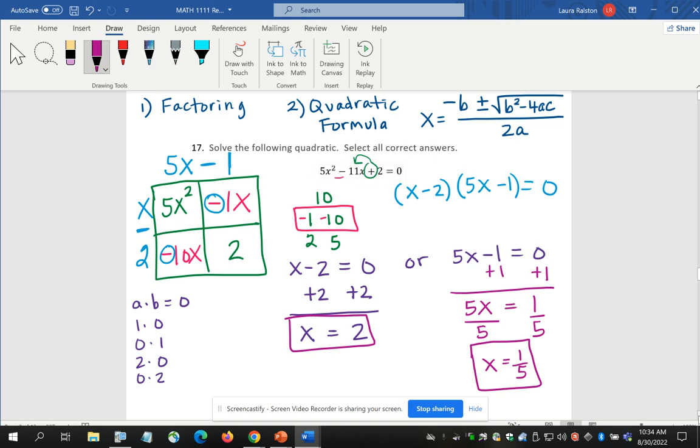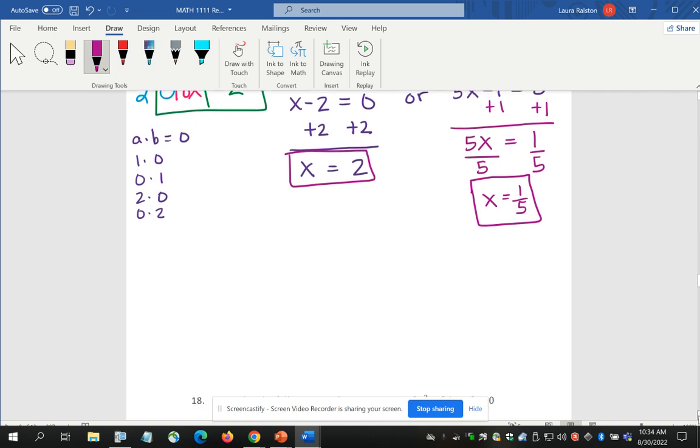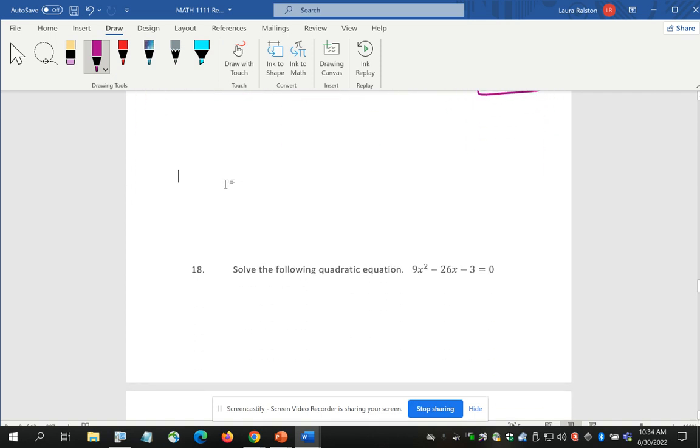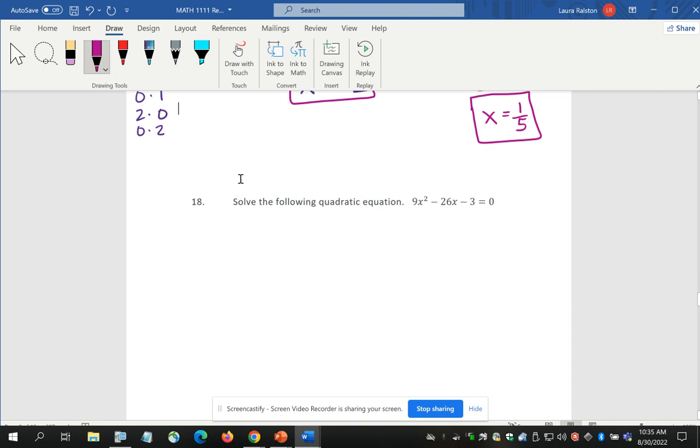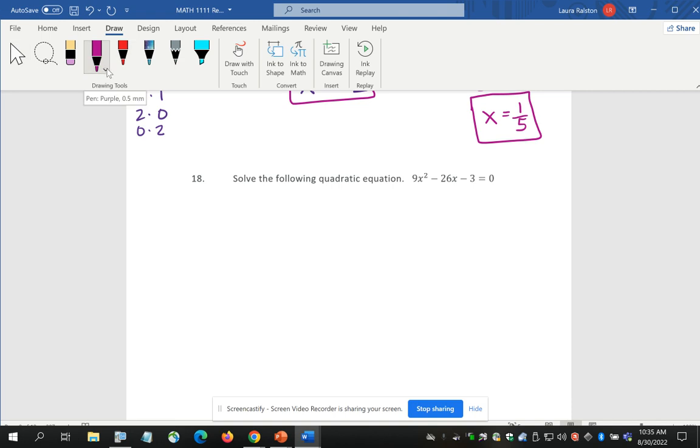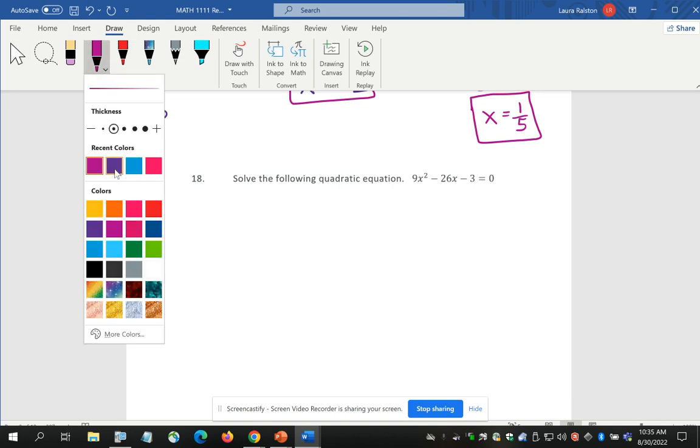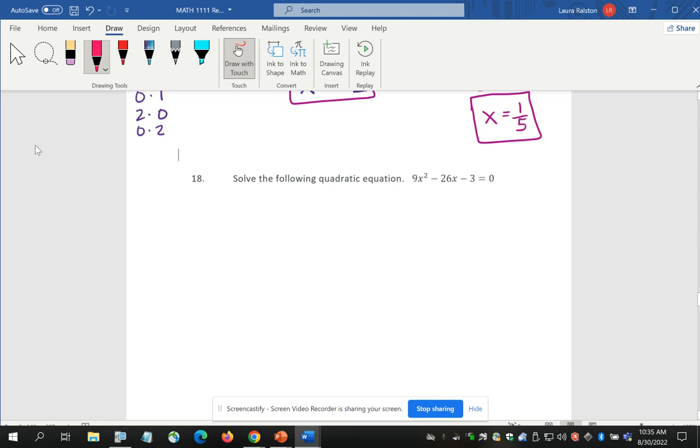Now, had you done that by quadratic formula, you should have arrived at the same answers. I'm going to do this question just to show you how to do both. I'm going to do this particular problem by the quadratic formula. So in this problem, the a is the number in front of the squared term, the b is the number in front of the x, and the c is the constant.